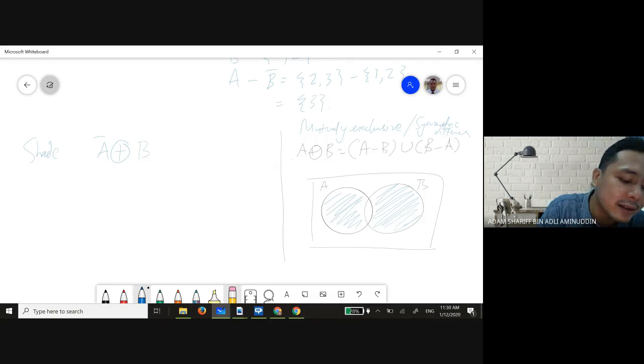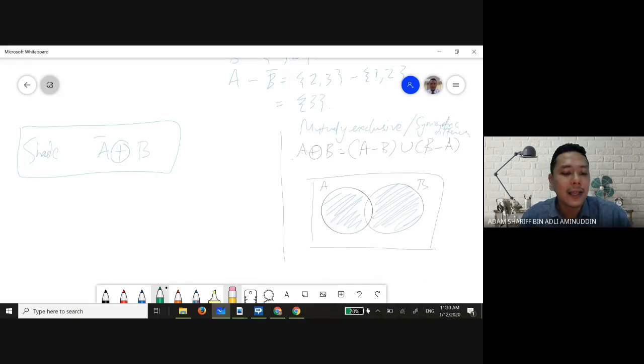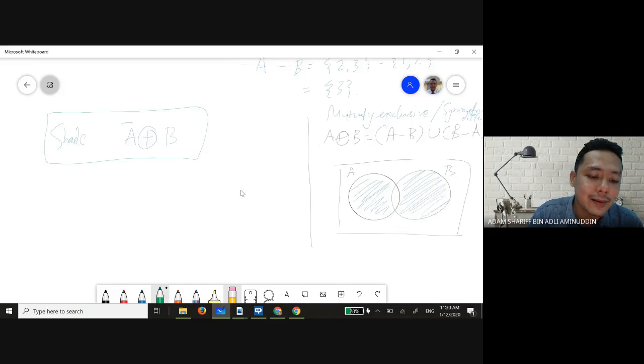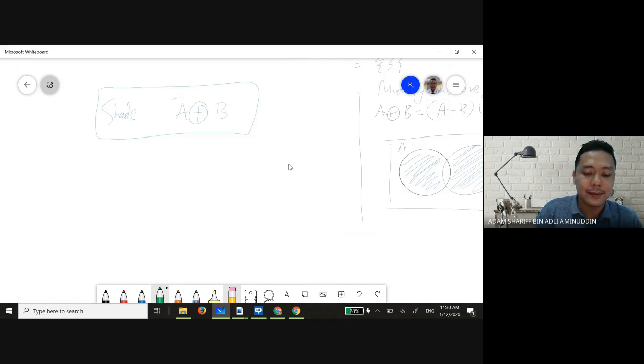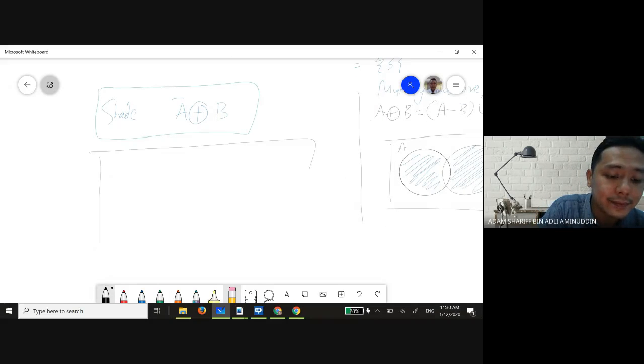Can you shade the region for the question on the left here? A complement mutually exclusive B. Manakah kawasan tersebut? Cuba buat dulu.